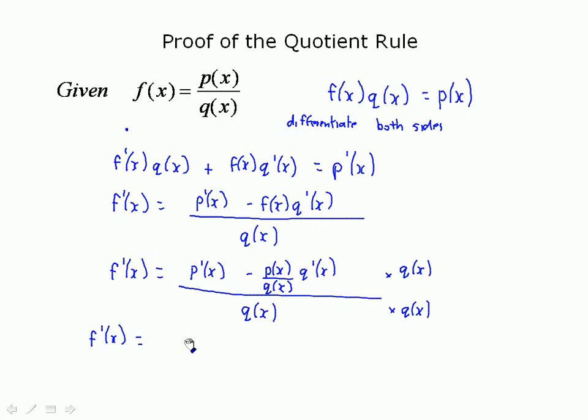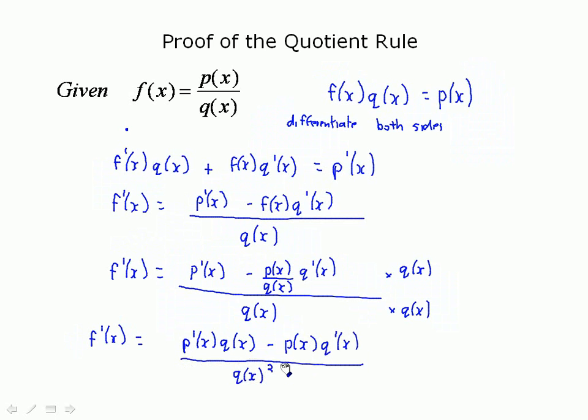So if I multiply everything by q of x, I will get p prime of x multiplied by q of x. And then the second term multiplying by q of x will just eliminate that denominator, so we get p of x times q prime of x. And then the denominator becomes q of x times q of x, which is q of x squared.